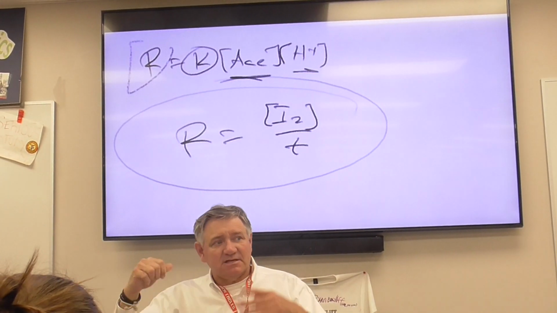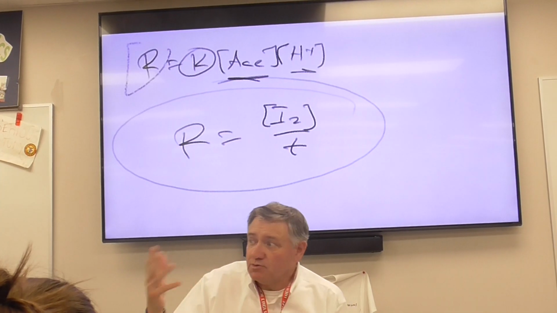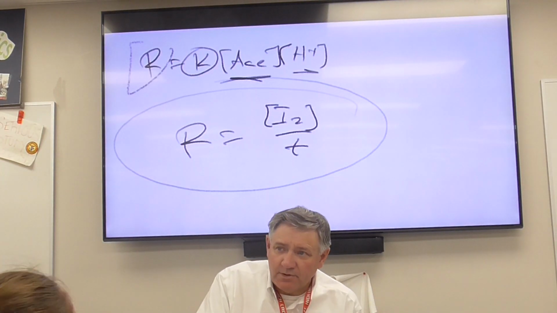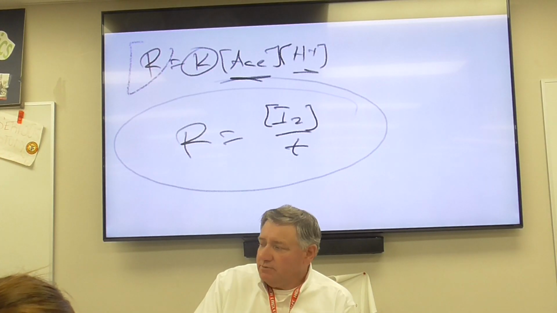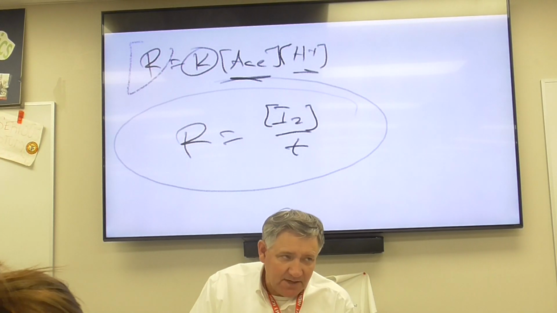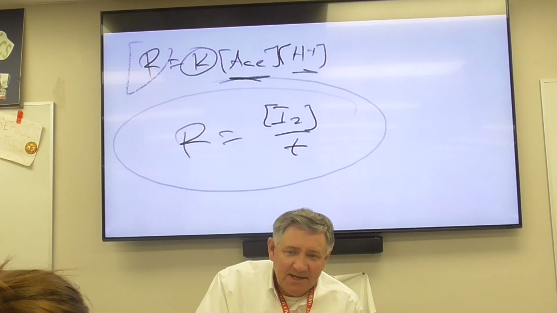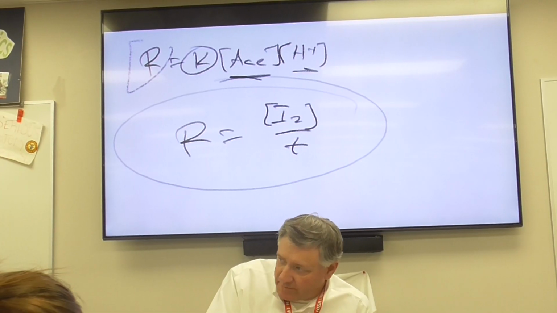So it's zero order with respect to iodine. That's the cool part about this. The iodine has to be there, and that's a common misconception. Don't think, oh, if it's zero order, we don't have to have it in the reaction. Oh, no, no. I say again, no. The iodine has to be there. It's just not going to impact the rate of the reaction.